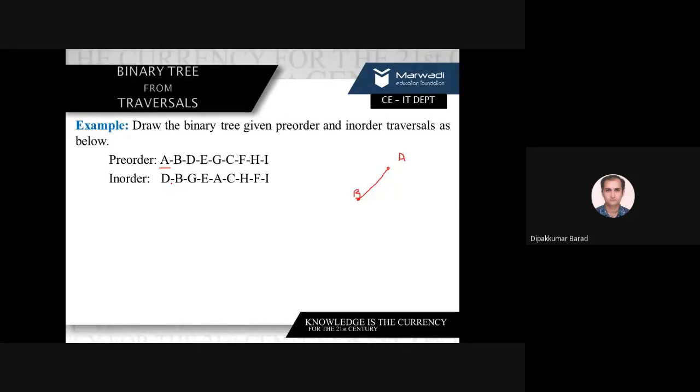On the left side of B we have D. So for B, the left child is D. Now E is the left child of D.